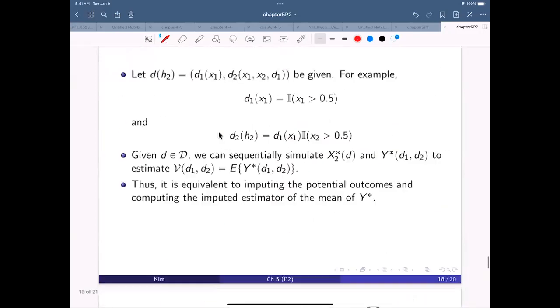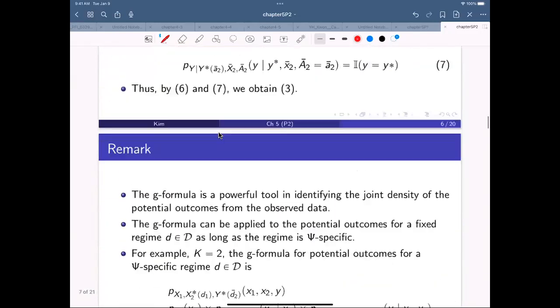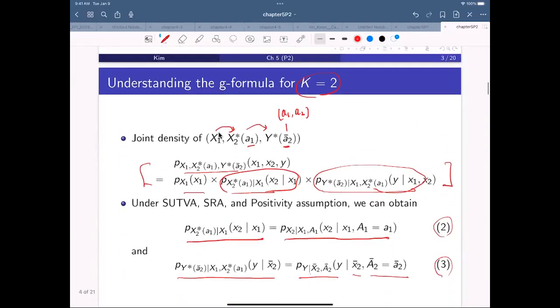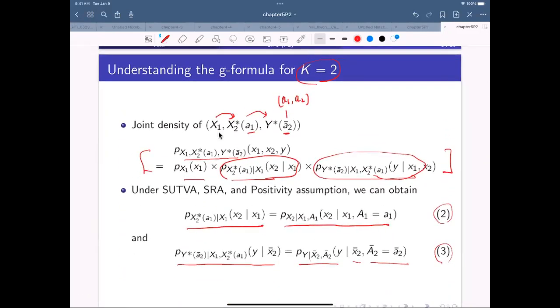That is the basic idea. As long as you factorize the joint density into several sequential conditionals, each component can be estimated from the observed data. That is a very nice idea.